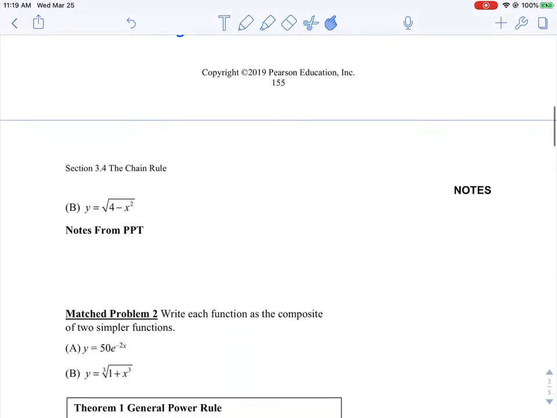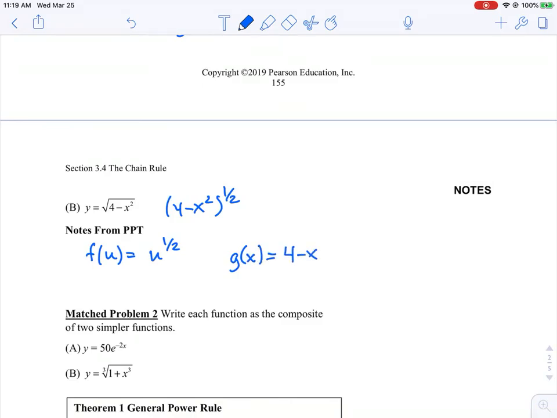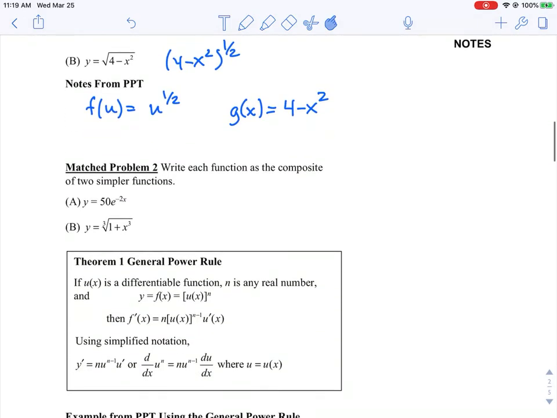Looking at the next one, think of this as 4 minus x squared to the 1/2. So one function would be u to the 1/2, and our other function would be what's inside there. Okay, so you have 2 to try.